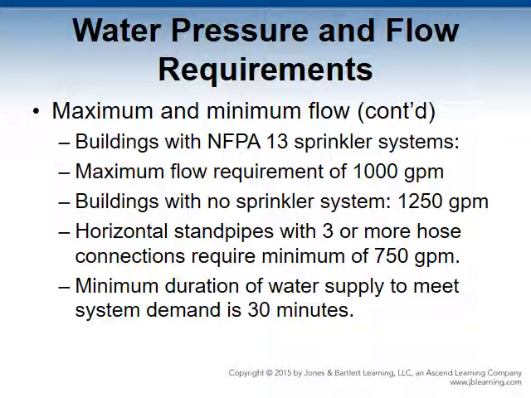If there is no sprinkler system, the flow requirement increases to 1,250 GPM. A horizontal standpipe with 3 or more hose connections is required to have a minimum of 750 GPM. Regardless of the class of standpipe, the minimum duration of water supply to meet the system demand is 30 minutes.